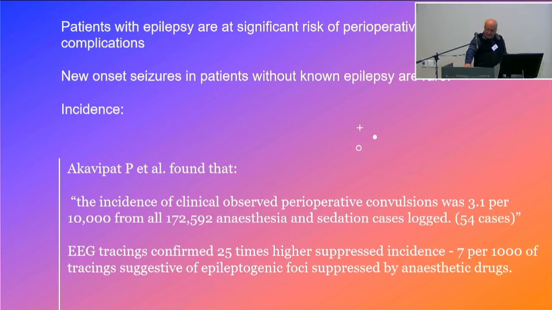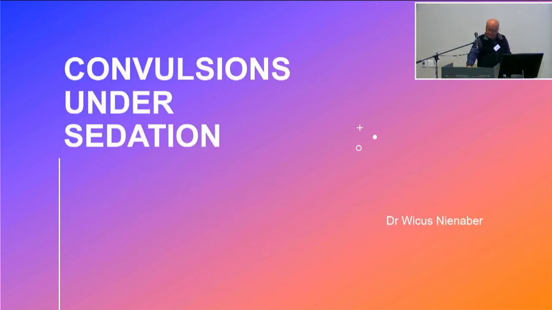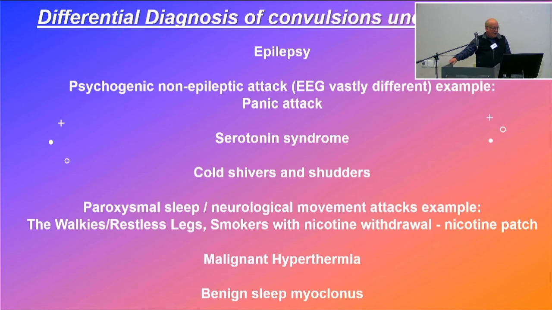So let's get to the next one. If we look at convulsions, we've got a differential diagnosis that would go out the front door. There's a huge number, but I think the practical ones are epilepsy, then the non-epileptic attacks, for instance, panic attacks.